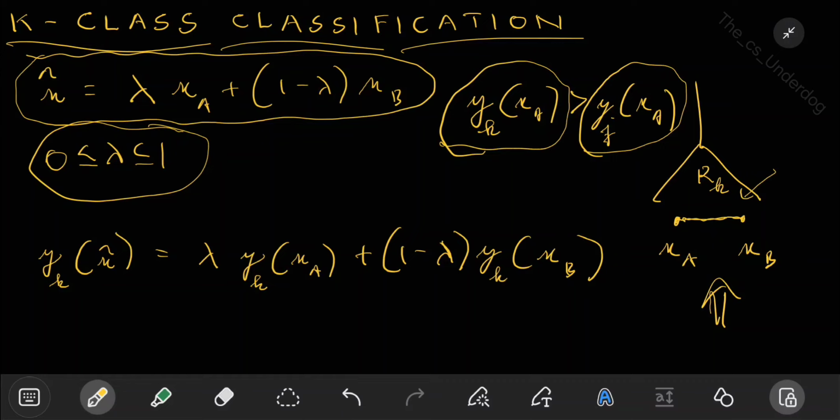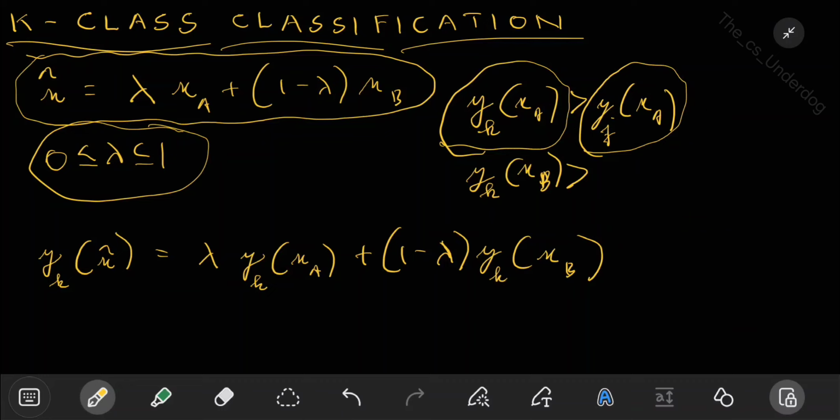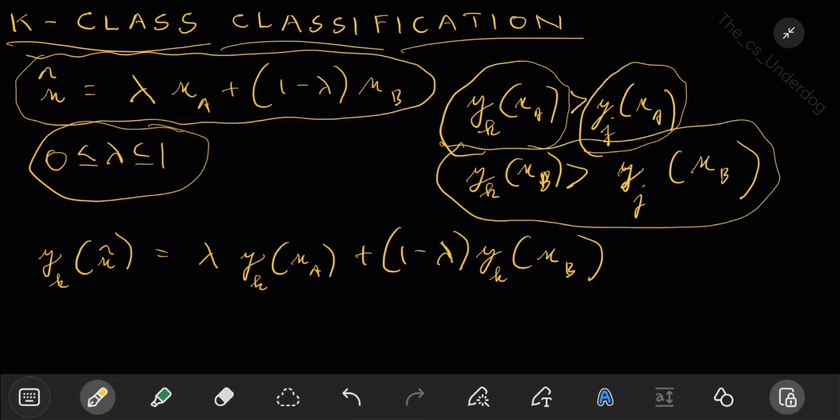Similarly with xb also, yk of xb should be greater than yj of xb for all j's. These two conditions are exactly satisfied.